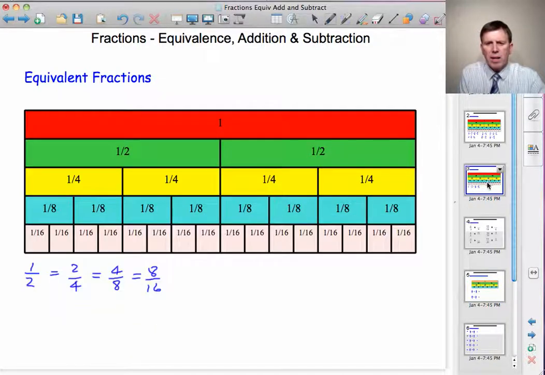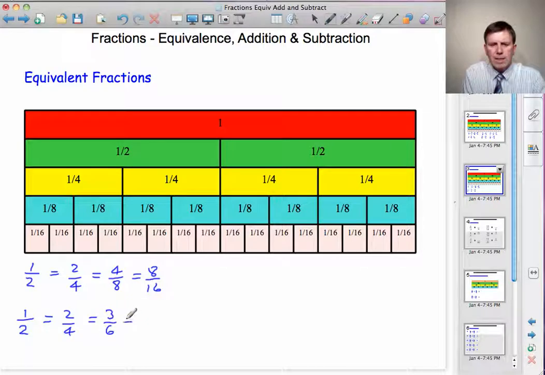So let's go back and write a more comprehensive list. A half is equal to 2 quarters, but it's also equal to 3 sixths. It's equal to 4 eighths. Now before I get to 8 sixteenths, I could write it's equal to 5 what? 5 tenths.